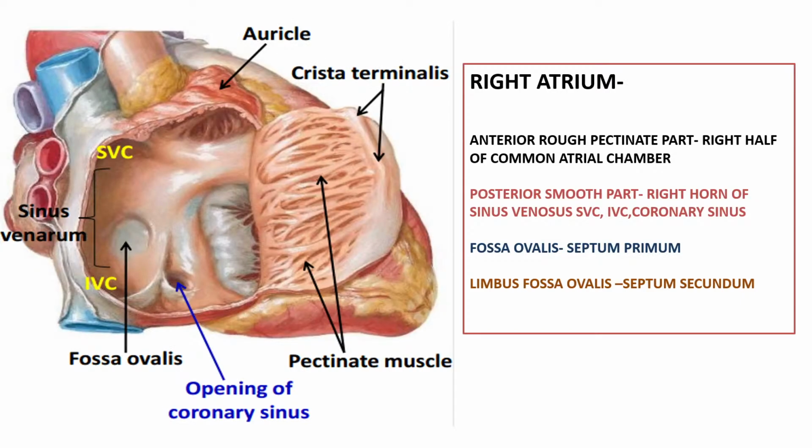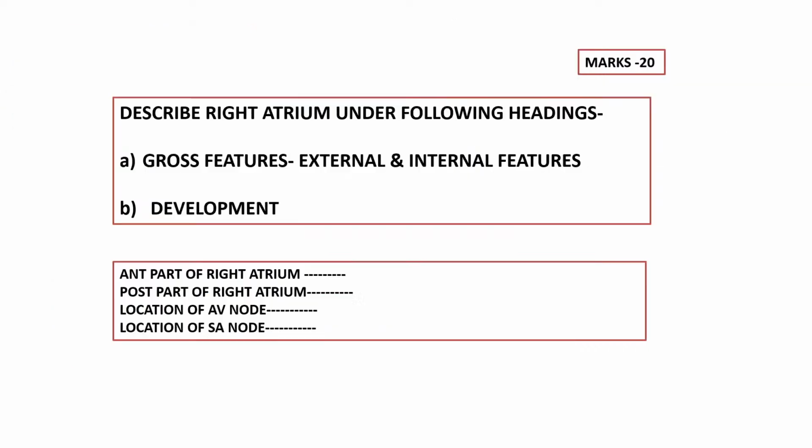So, we have discussed the right atrium in detail with its anterior rough and posterior smooth parts and the interatrial septum. Now, the university questions which are asked from the right atrium are usually full questions of 20 marks, where you have to describe all the external and internal features.